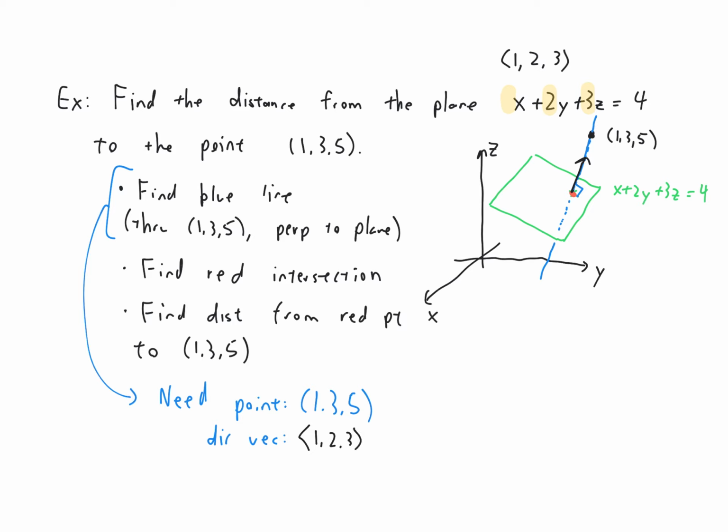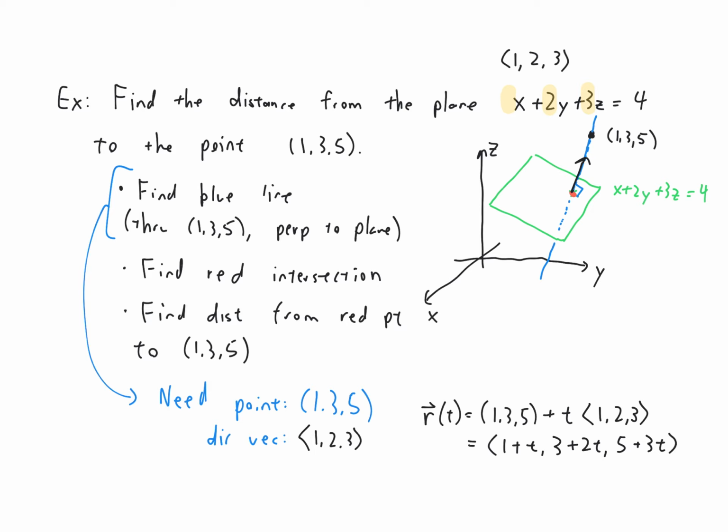And so to write down the parameterization for the line, I can say that it's r of t equals 1, 3, 5 plus t times the vector 1, 2, 3. And so that simplifies to 1 plus t, 3 plus 2t, and 5 plus 3t.